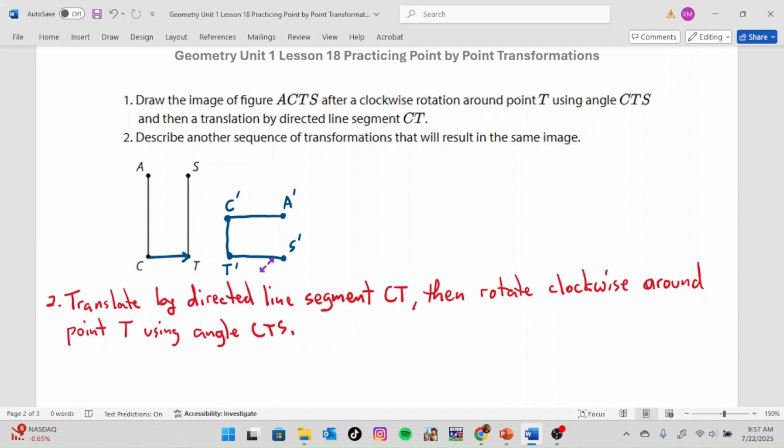So this is just the opposite sequence, but we would first shift it to the right and then we would rotate it clockwise to put it into position.